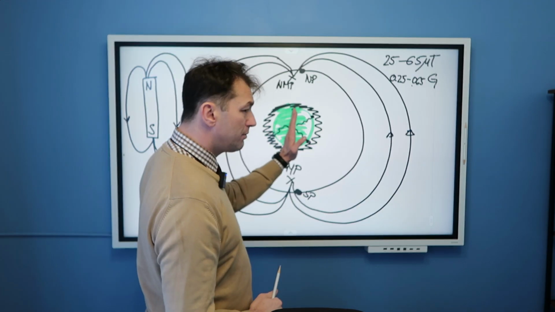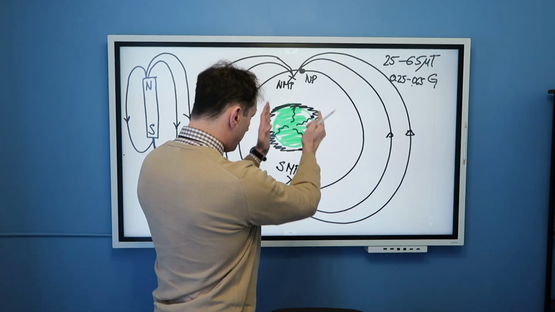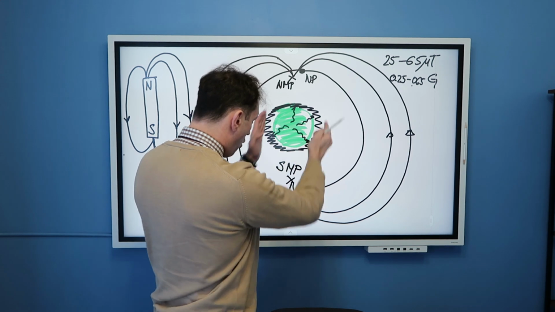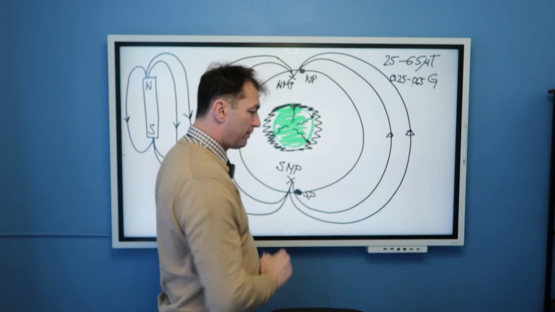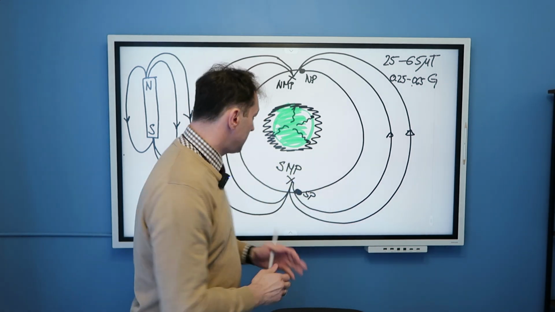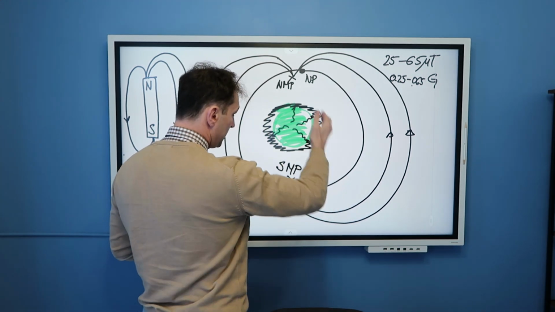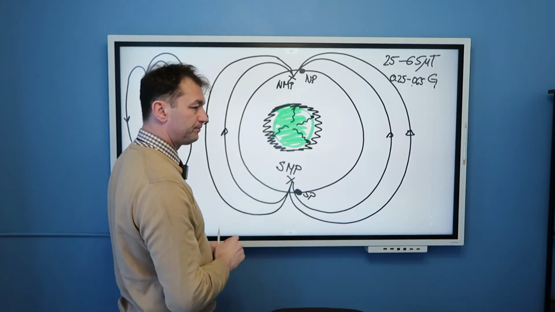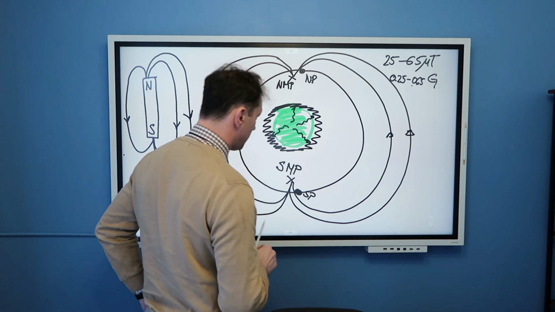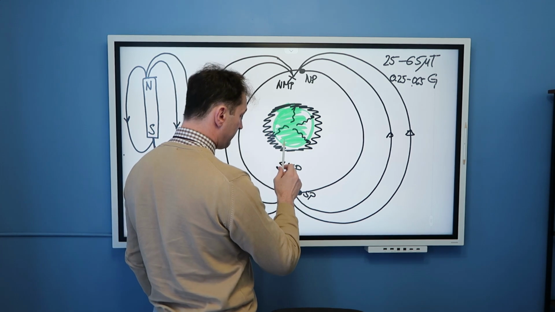Now, when these thermal currents enter the region of the iron core over here, this black region, they continue propagating, but because Earth is rotating, this iron core is also rotating, and it is rotating faster than the inner core, which is very important for the formation of the magnetic field.